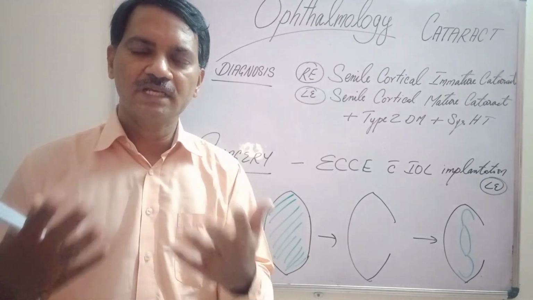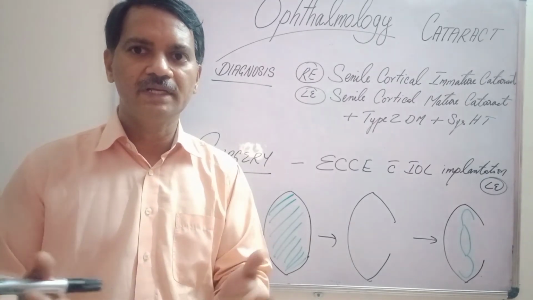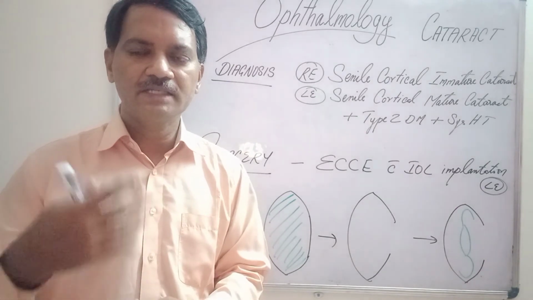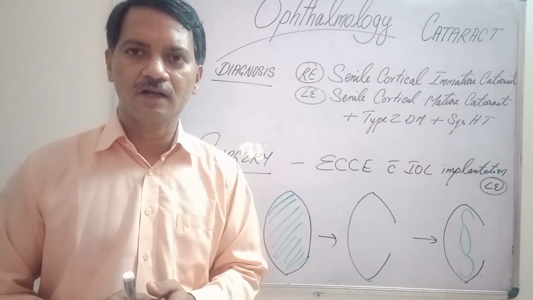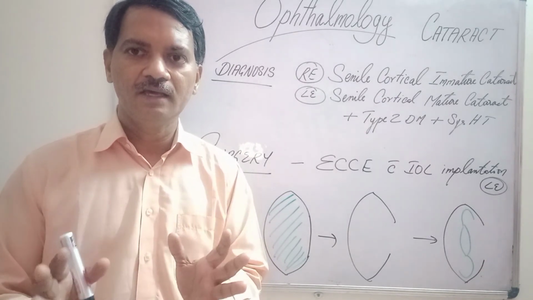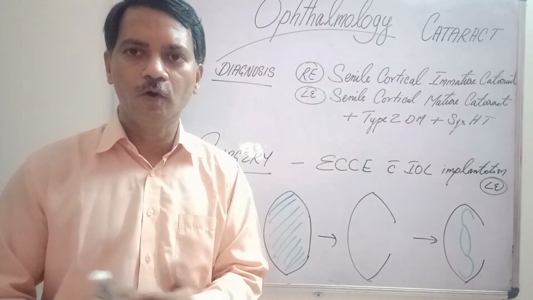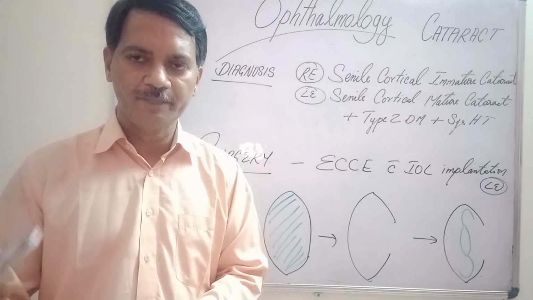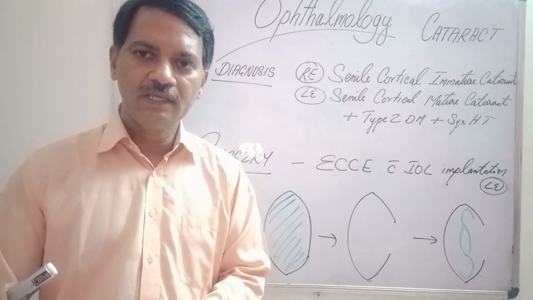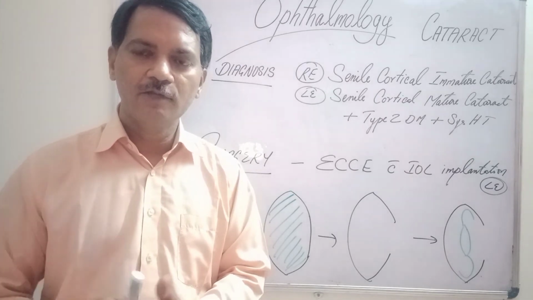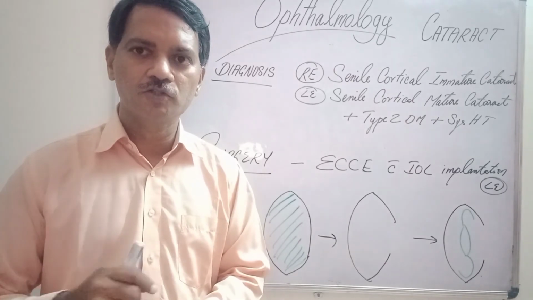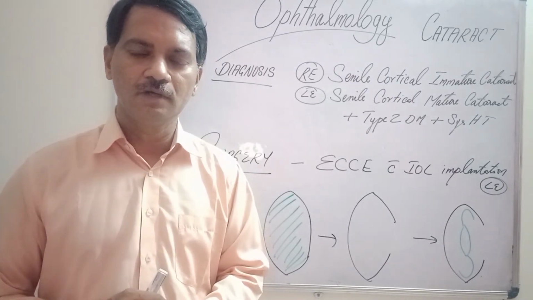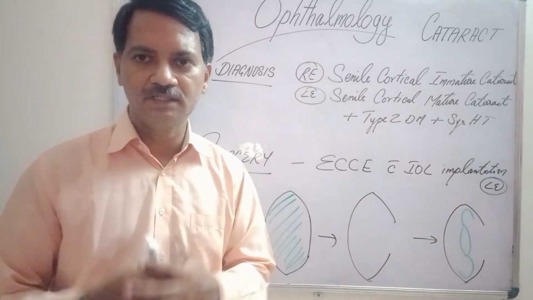If the posterior segment is absolutely normal, you will get back good vision. If there is any problem in the posterior segment, according to that, the vision may reduce or it may be very low. All those things we have to write, get a consent from the patient, inform the relative also, get their consent also, get a witness also, then you proceed with the surgery.